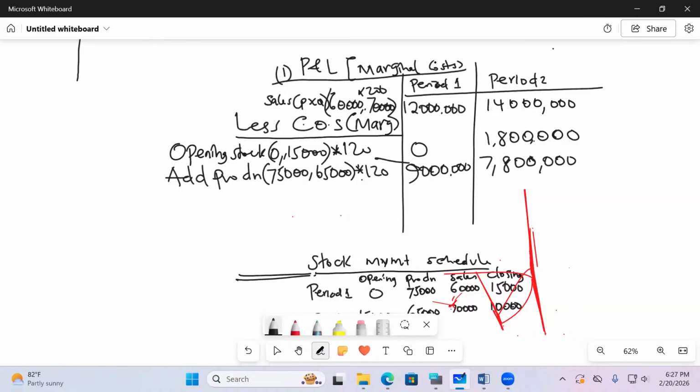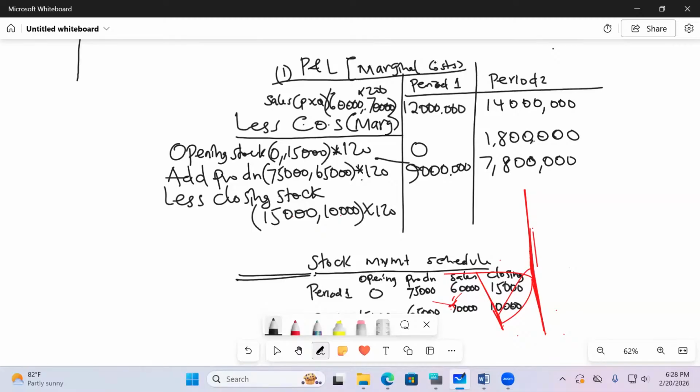From this, we shall straight away go under less what here? Closing stock, isn't it? So come here and less closing stock. Are you able to see the closing stock units here, somebody? 15,000 and what here? 10,000, isn't it? And we know it's still a stock item, which is being valued at how much here, somebody?